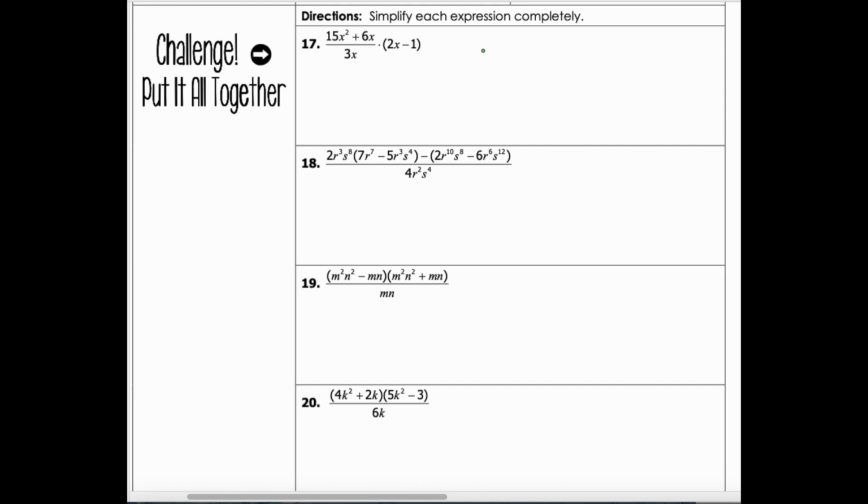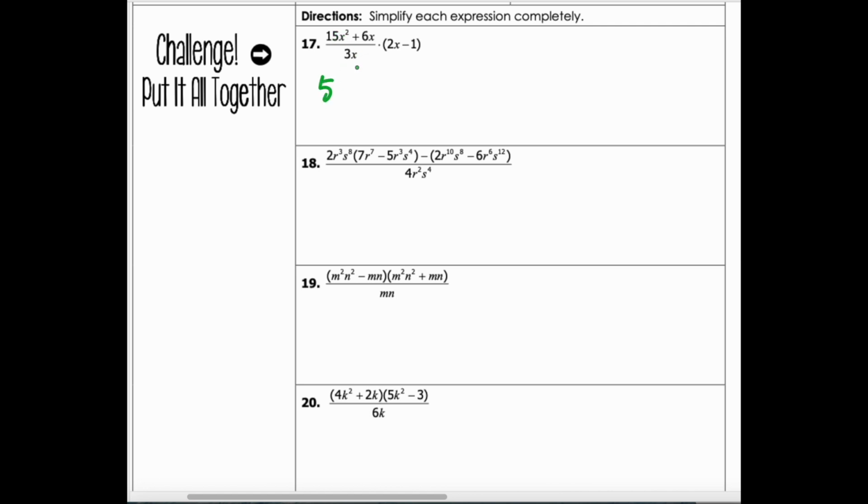All right, let's take a look at number 17. There are a few ways to do this problem, and you can still get to the same answer, but what might be simplest is to simplify this fraction first. We just did that before, dividing the left side and the right side. 15 divided by 3 is 5.